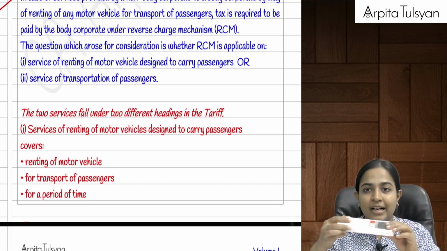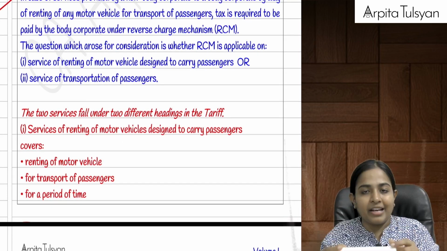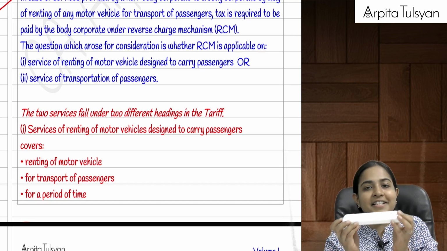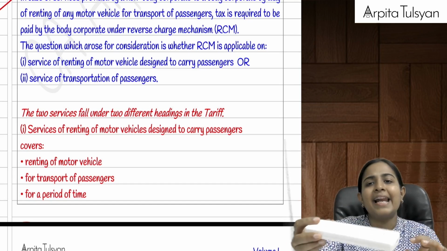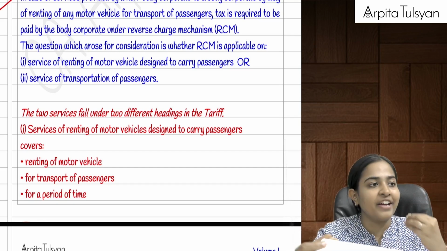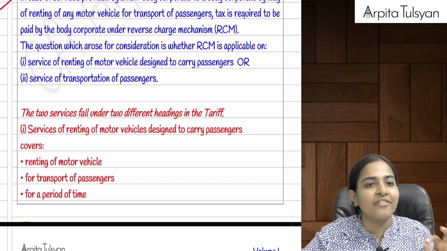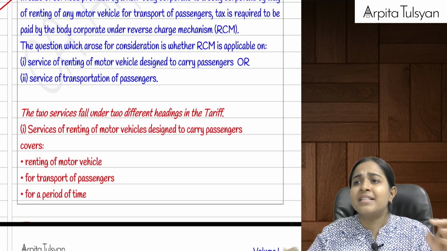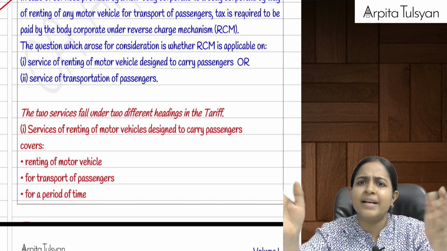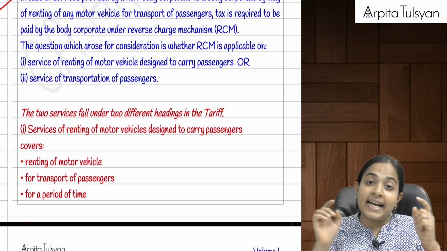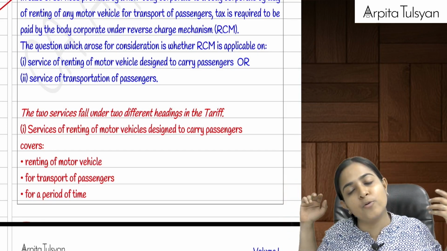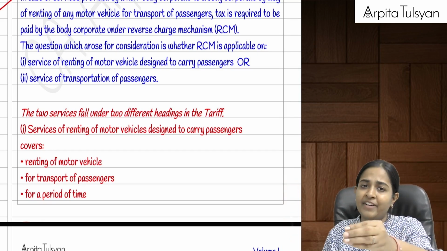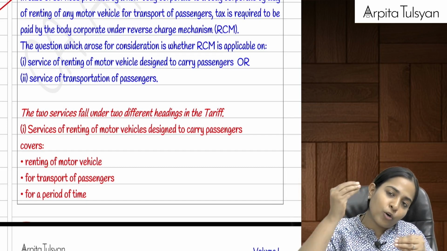This is my vehicle, and I have given my vehicle to a body corporate on rent, and I am telling you can use it in whatever way you wish to use it. Means the route, the timings, etc. can be decided by that particular body corporate. That is renting. The vehicle is at your own disposal. You can use it however you want to use. I have taken the rent charges from you also, and I have taken the cost of fuel also from you.